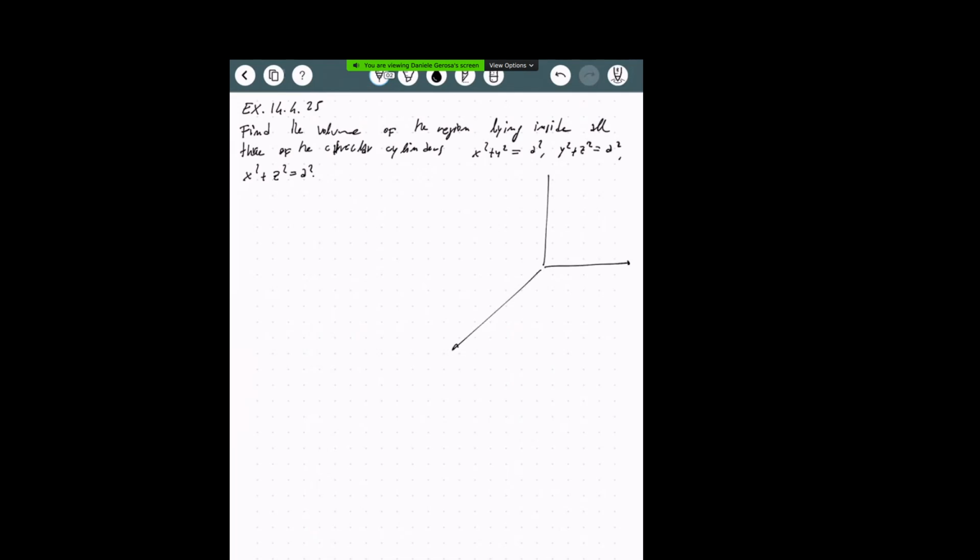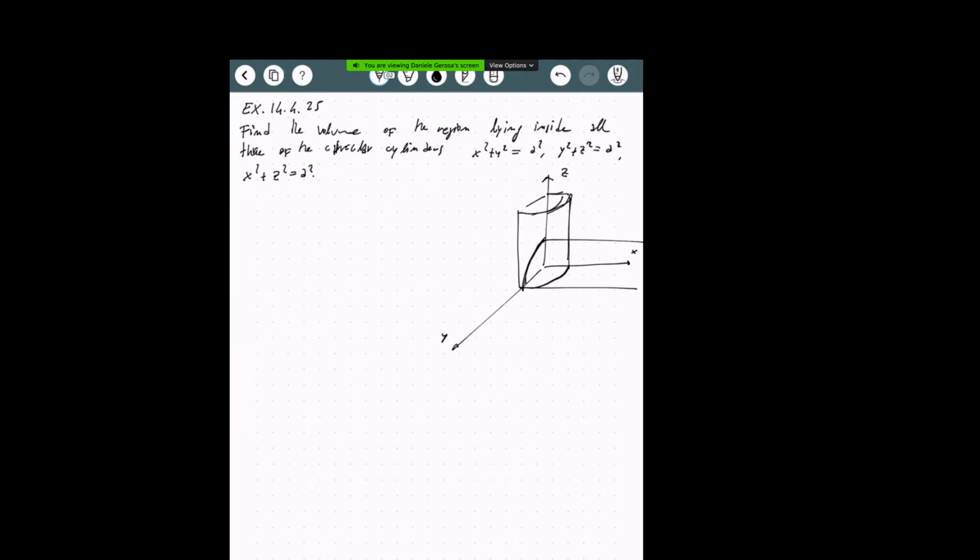If I focus on the first octant, we get something like this. This is one cylinder, right? And then I have another cylinder here, well, a portion of a cylinder.